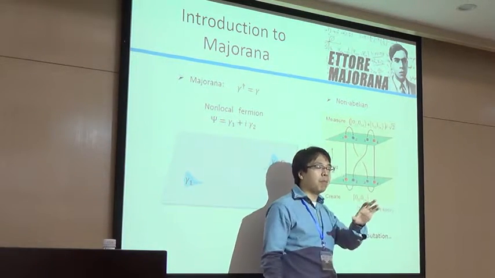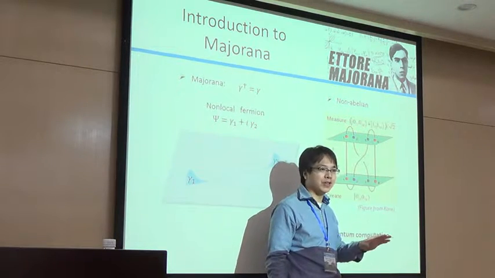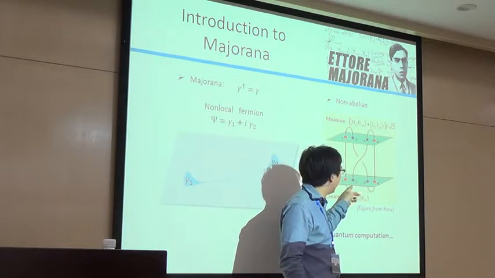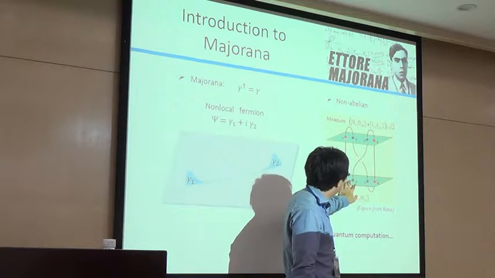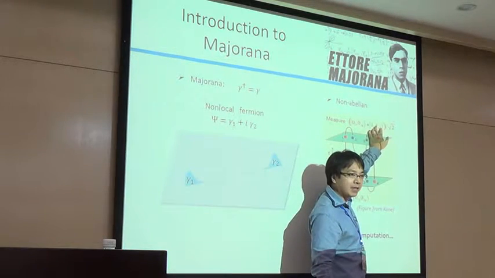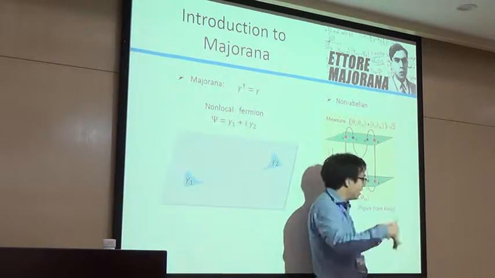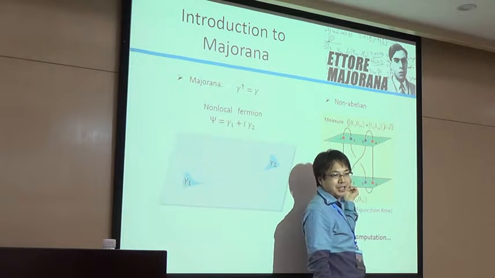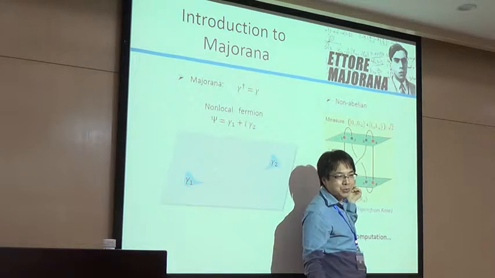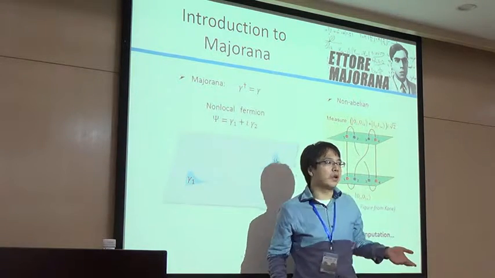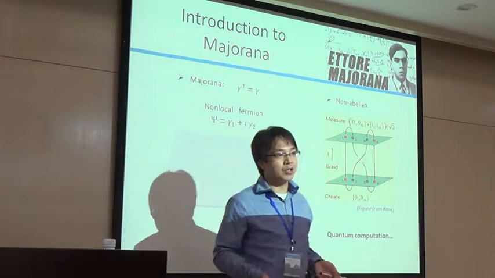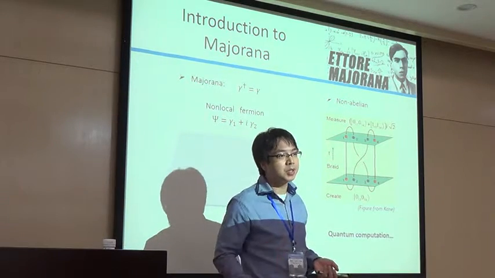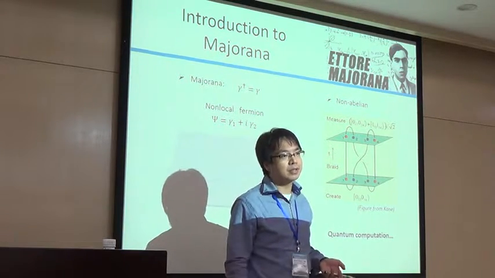You need to seek a property where, for example, I now have half of the probability after the braiding. Originally it was empty, but now it's filled. Of course, the physical property can change when you go from an empty state to a filled state, and that can be measured.